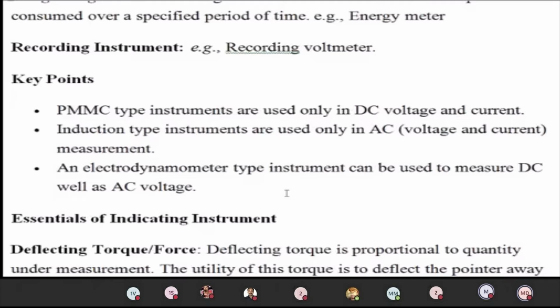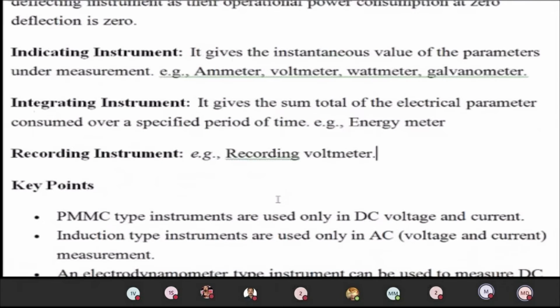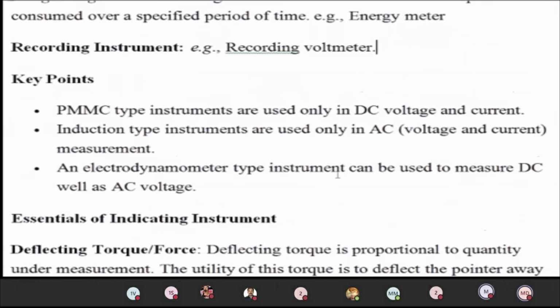Induction means it works under the principle of electromagnetic induction, so this is possible only in AC. And third point, an electrodynamometer type instrument can be used to measure DC as well as AC voltage. So these are the few key points you have to keep in mind.